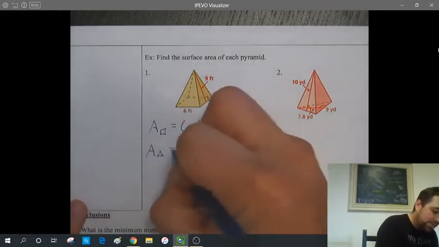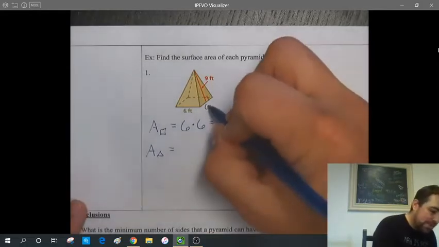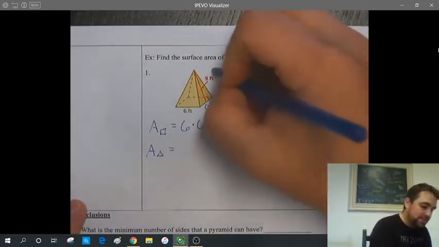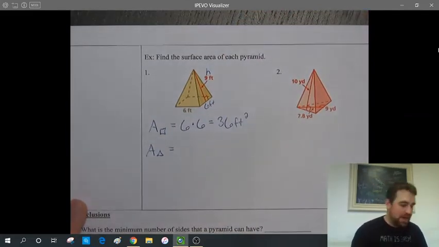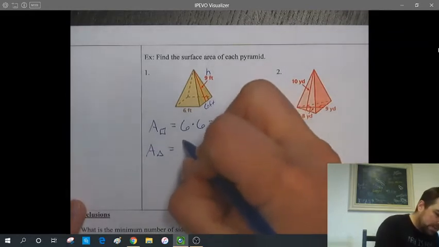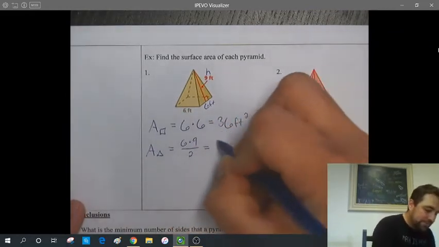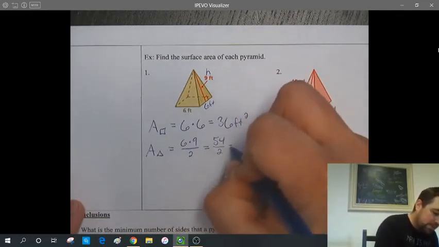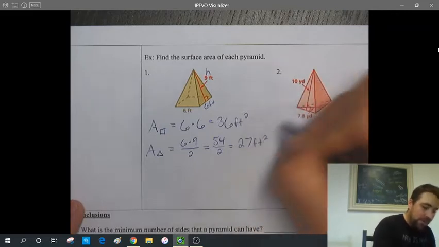Area of our triangle then for lateral face, well, it's going to have a base of 6 feet as well, and the lateral face slant height is 9 feet, and so that's going to be the height of our triangle there. So it'll be 6 times 9 and then divide by 2, which gives us 54 divided by 2, which would be 27 feet squared.